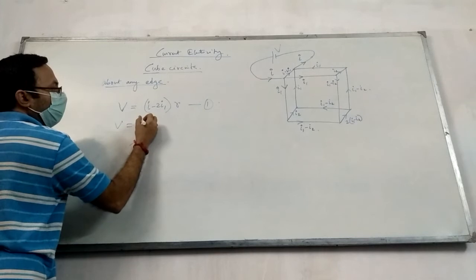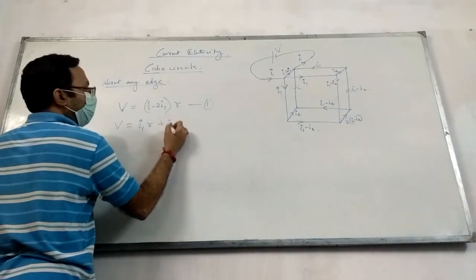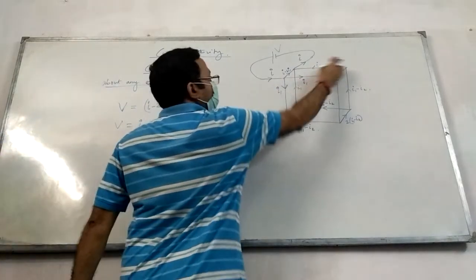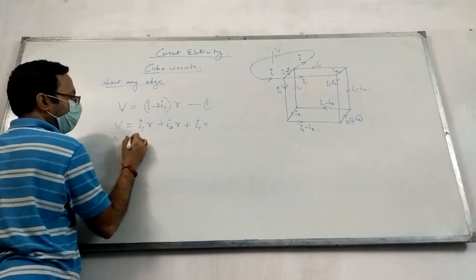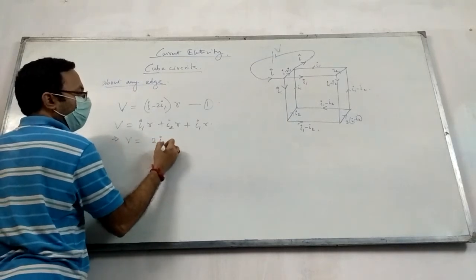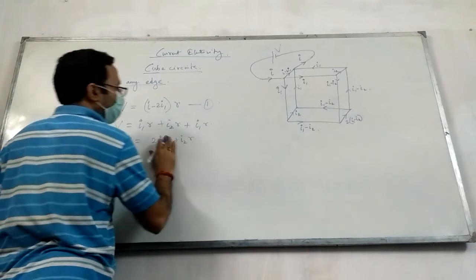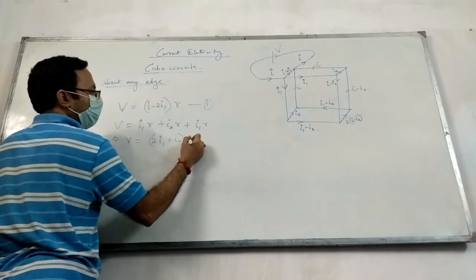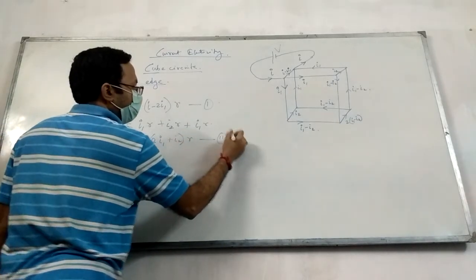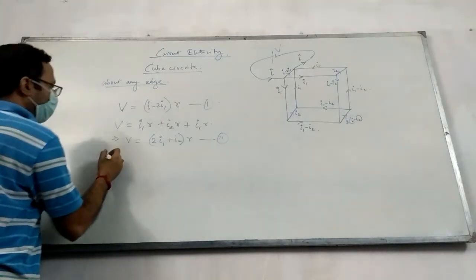V is equal to I1R plus I2R plus I1R, that means this is V equal to 2I1R plus I2R. Okay, you can obviously take R common and write it as equation 2.